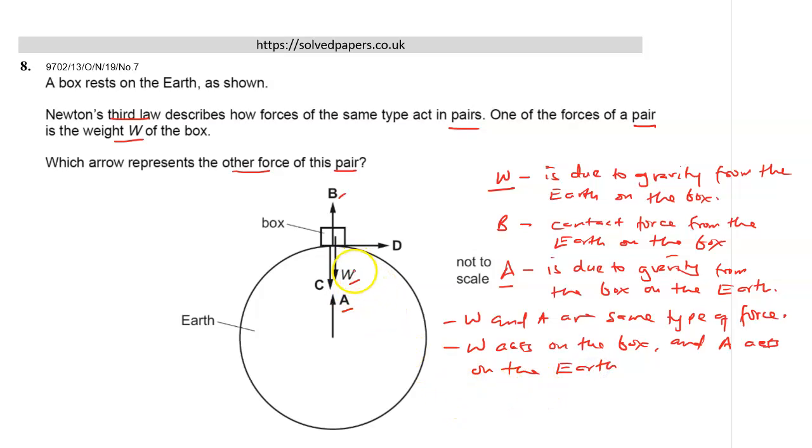So the correct answer here is air. Which arrow represents the other pair of force? We are given one pair, which is W. So the other pair of force is air. So that is the correct answer right there.